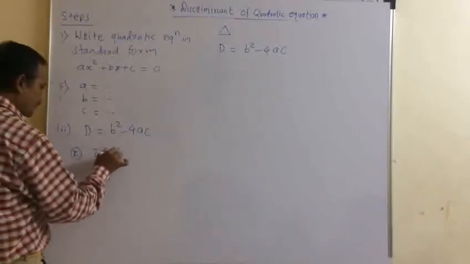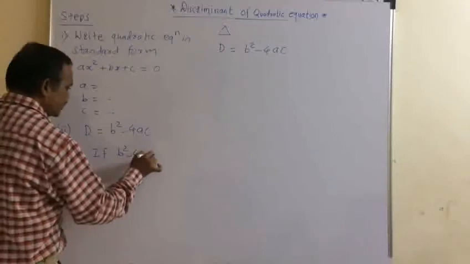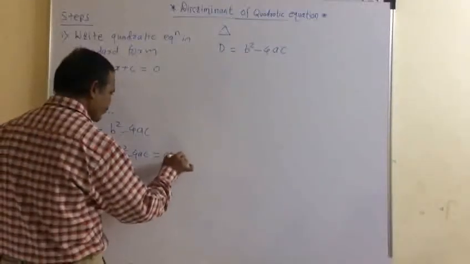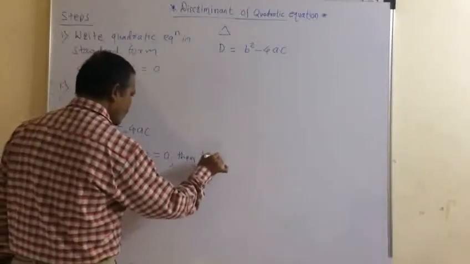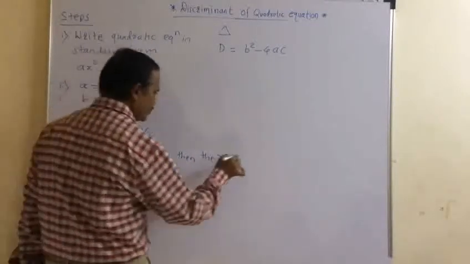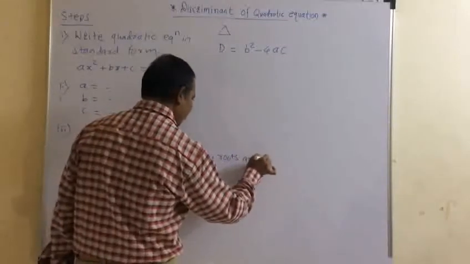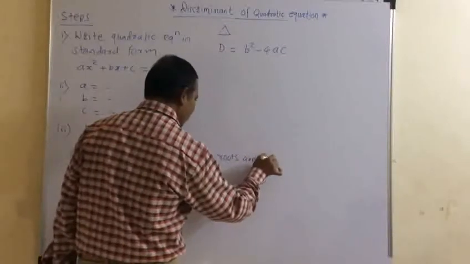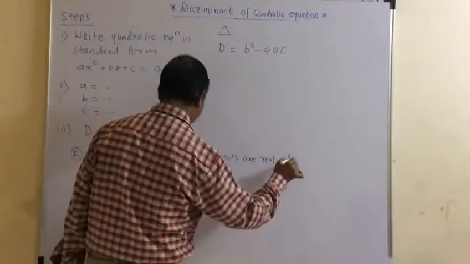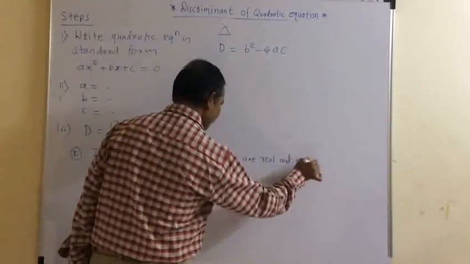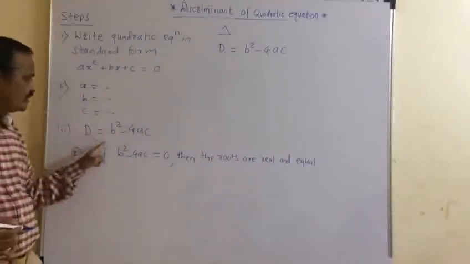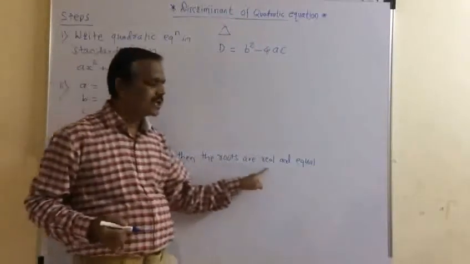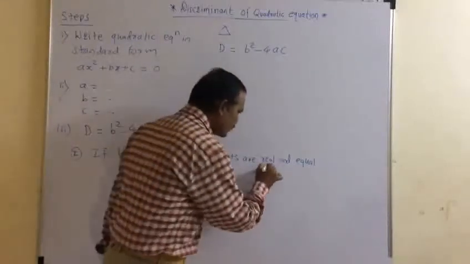In the first case, if the value of b square minus 4ac is equal to 0, then the roots are real and equal.